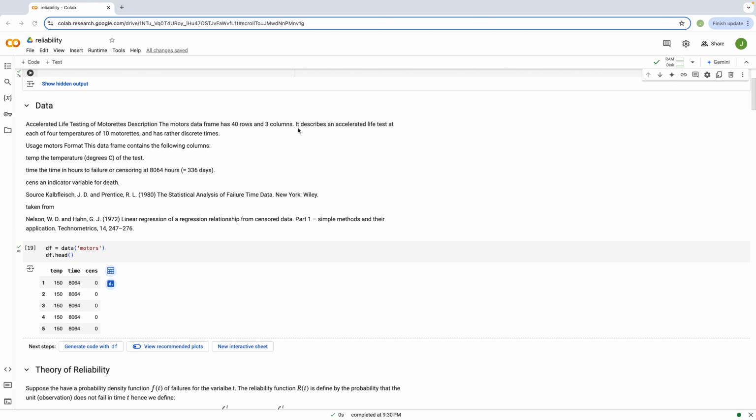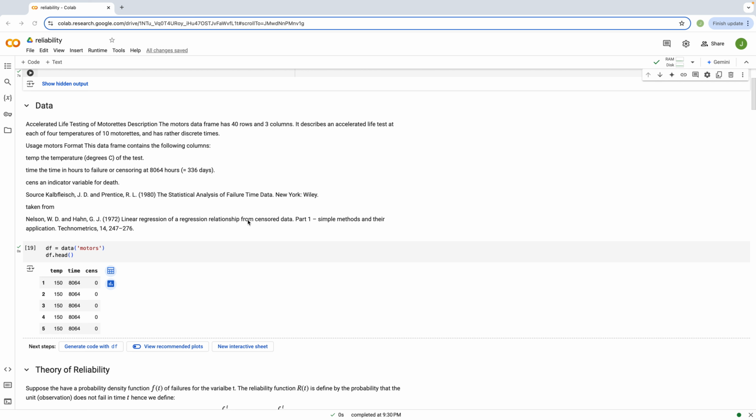The variable time describes the accelerated life test until failure. And something called censoring occurs after 8,064 hours, 336 days, which means that they stop the observation period after 336 days, and the experiment's over at that time.